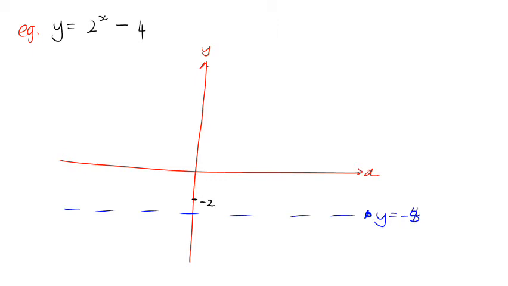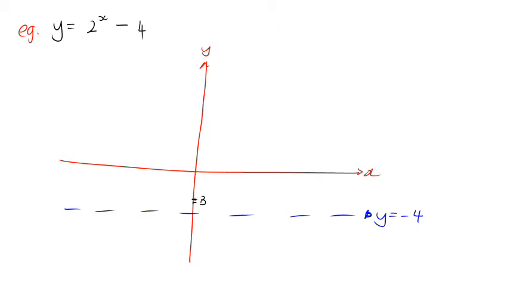Okay, this is 4 now. That one's different, that one's different. Okay, so that's at -4. Our y-intercept will now be at 1 minus 4, which is -3.